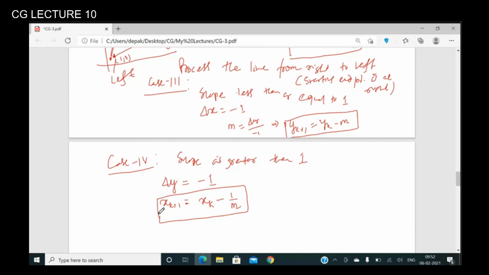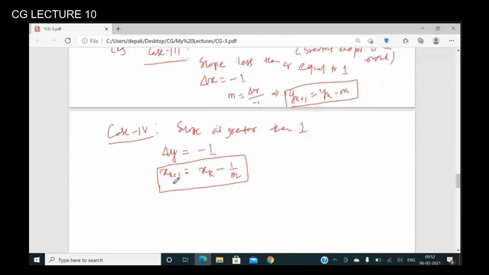Just now we'll see how to handle the cases in case of the negative slope. So in case of the negative slope, you have to first calculate the absolute value of the slope.